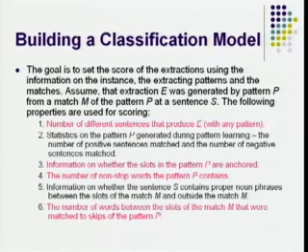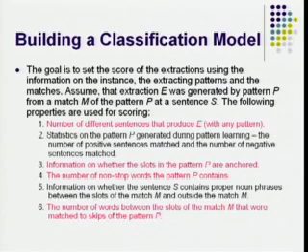How many non-stop words does the pattern have? If we have more non-stop words, it means the pattern is more specific, and then we give it a higher score. If there are proper noun phrases in between, I mean in the skips. And finally, in the skips themselves, how many words matched the skip.